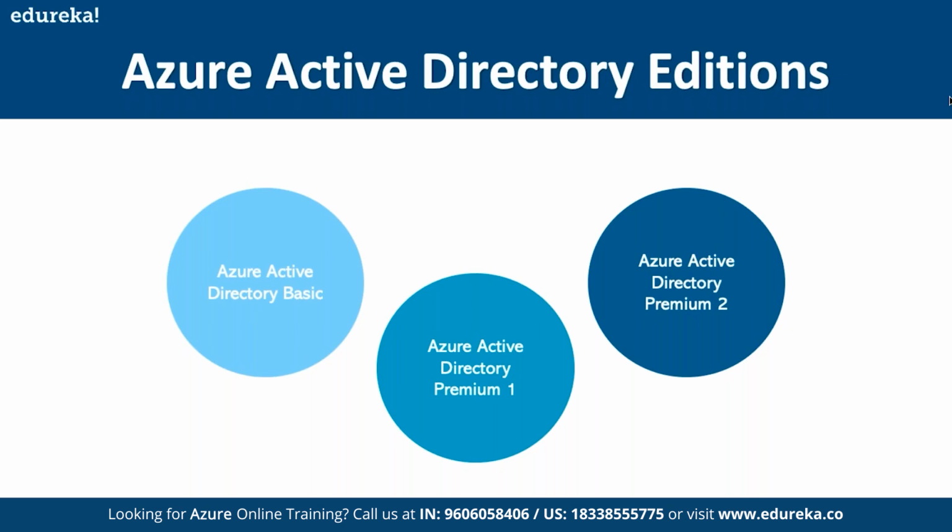When we sign up for a free account on Azure, we get access to Azure Active Directory Basic, where we have limited access to go for limited services as and when required. In the free edition, we get access to only a 500,000 object limit. We cannot go beyond that.